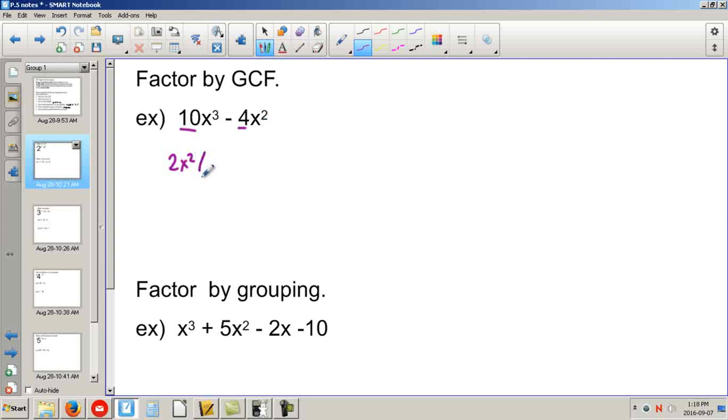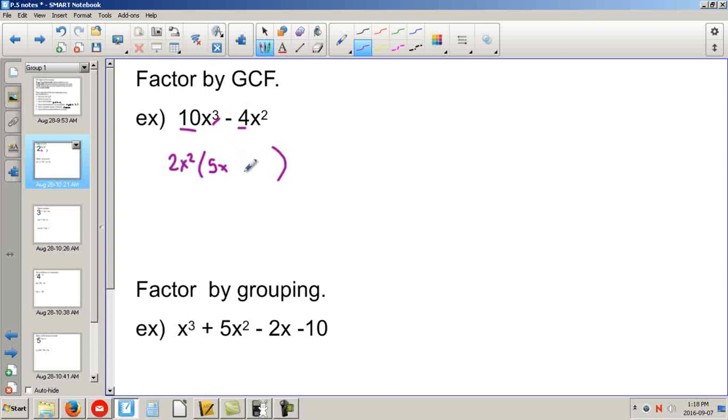Then I'm going to start a parentheses where I put everything I didn't take. Now we have to remember that we're trying to create a multiplication problem. So 2 times what would have given me the 10? The answer to that is 5. And x squared times what would have given me x cubed? Well, x squared times x gives me x cubed.